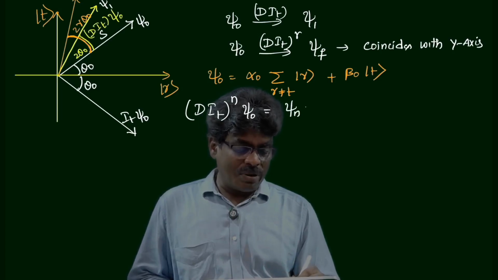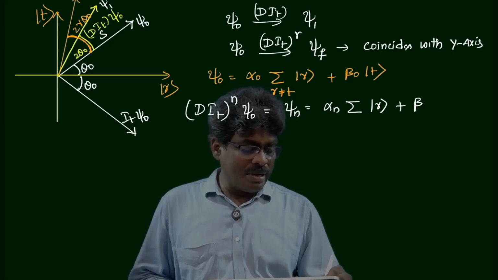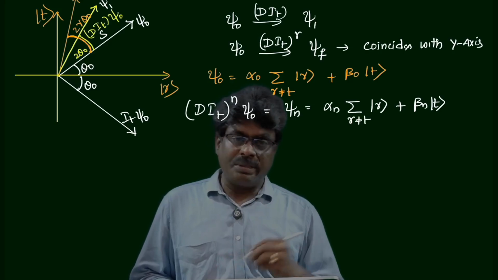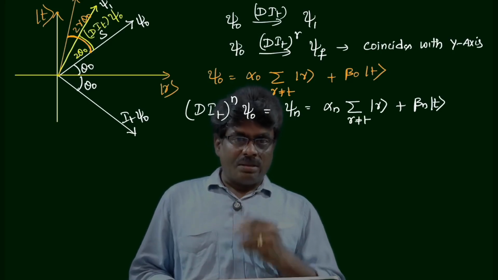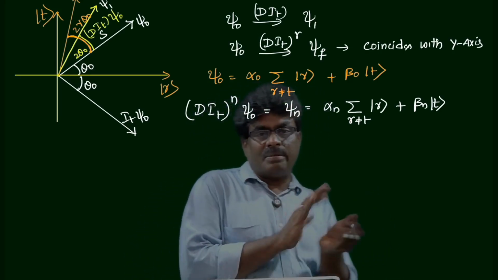Then let us suppose we get psi n, which is equal to alpha n summation over r plus beta n t, for target t, where r is not equal to t. So that means after n iterations, we got the amplitudes alpha n and beta n.